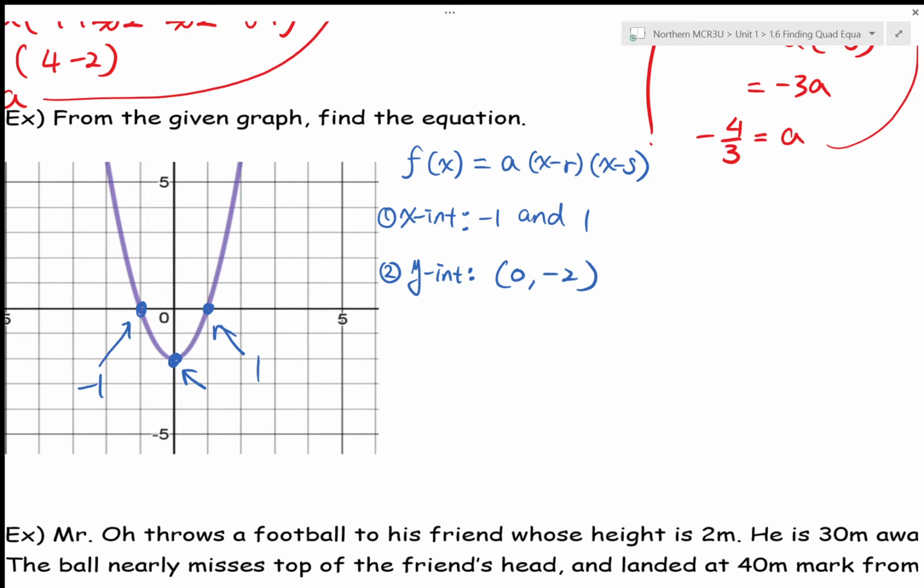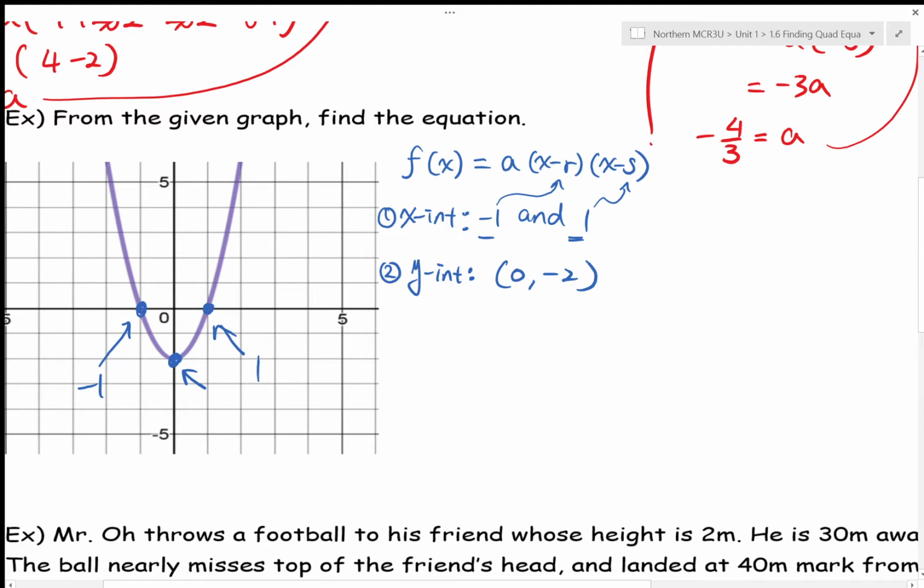So the method itself is pretty much the same. Sub the numbers that we have into the equation and then try to solve for a. Once you solve for a, then substitute a back into the equation and we are done. Now the -1 and +1, these are the x-intercepts. So obviously when it goes inside of the brackets, it becomes the opposite sign, okay?